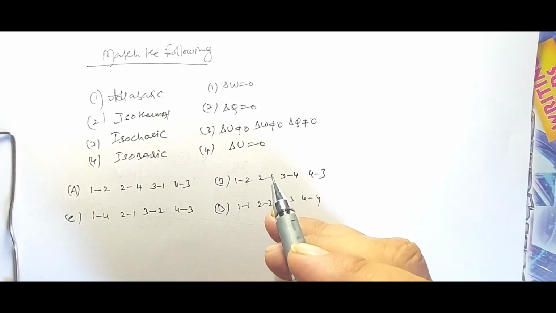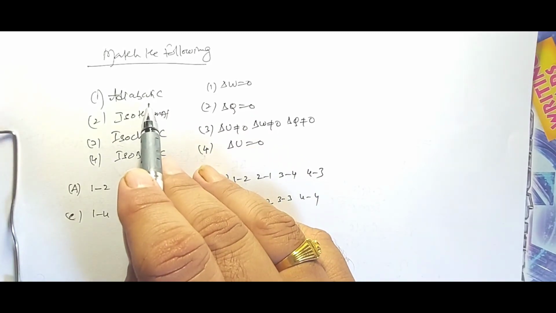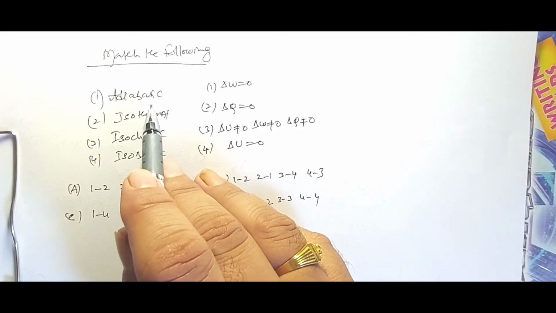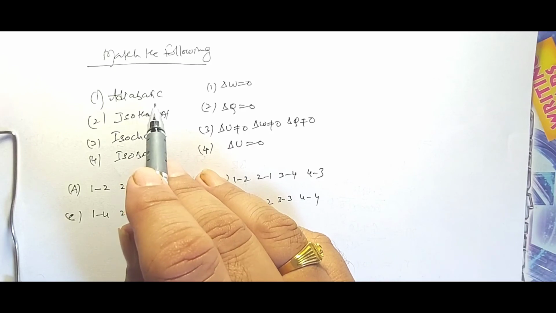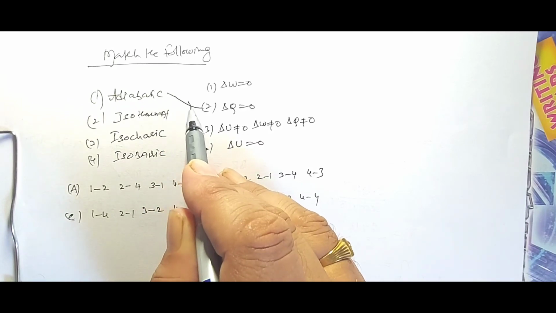So we have to match the following. Adiabatic means a process in which total heat is constant. There is no heat exchange between system and surroundings. Delta Q is equal to 0.